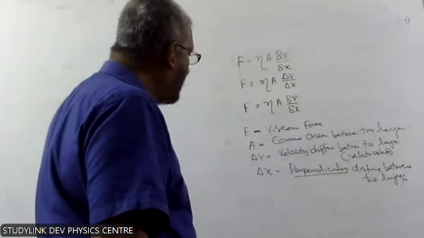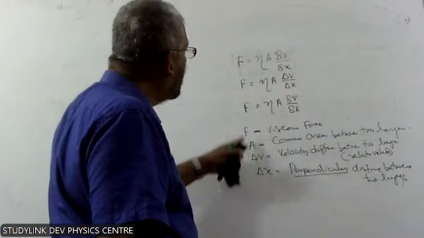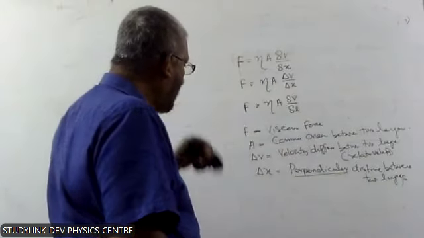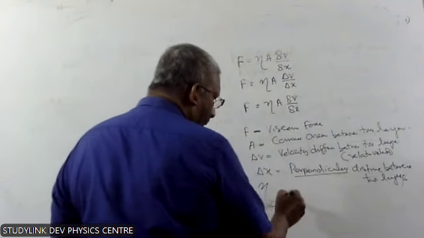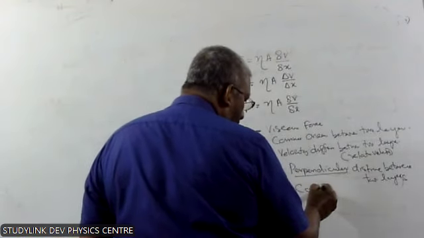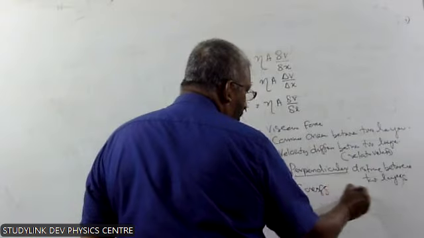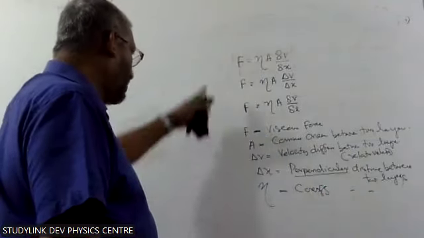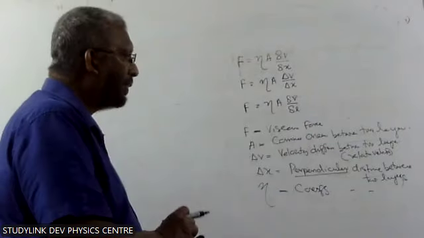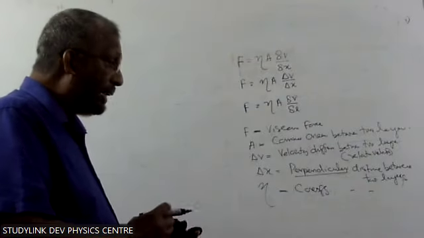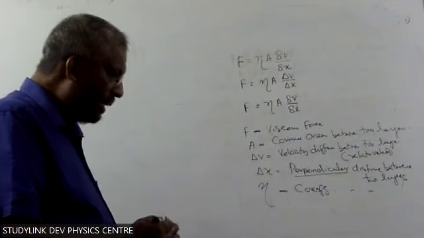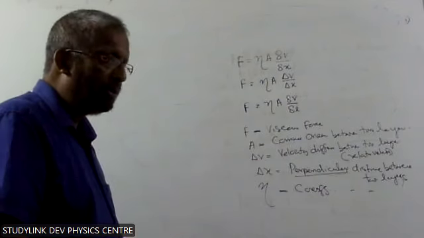Those are the things we have to consider: 1, 2, 3, 4 and 5, eta. Eta is the coefficient of viscosity of the liquid. Note it down, because they give only 2 marks for this out of 30, but that 2 marks is very important.